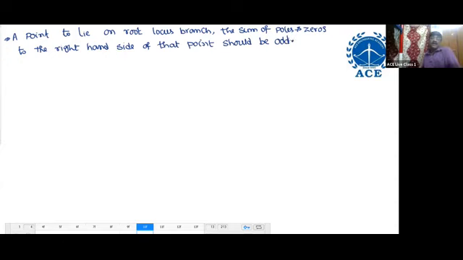A point to lie on root locus branch, the sum of poles and zeros to the right hand side of that point should be odd. Okay, this is the rule.